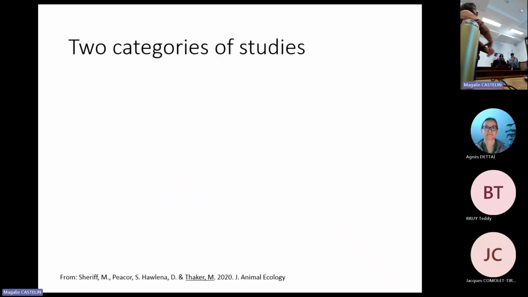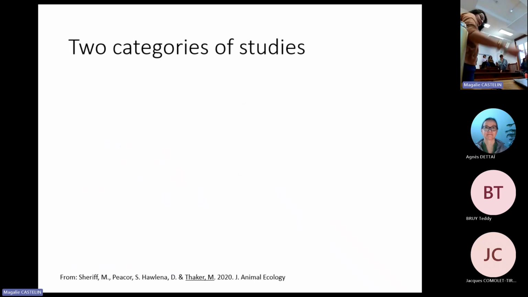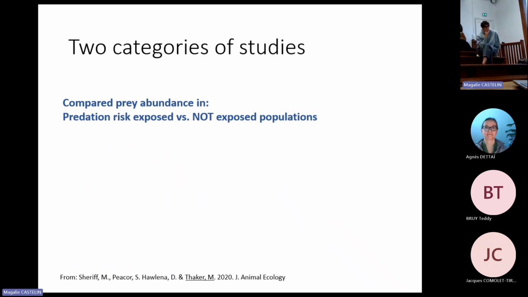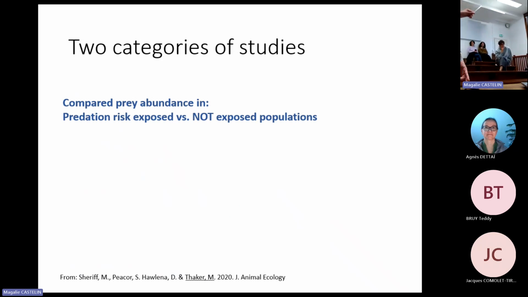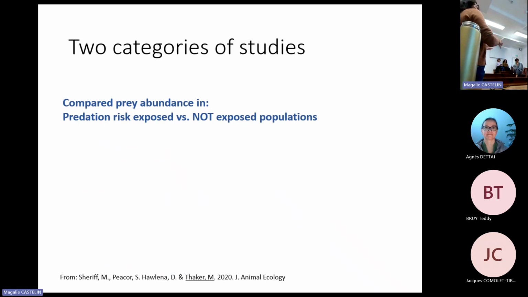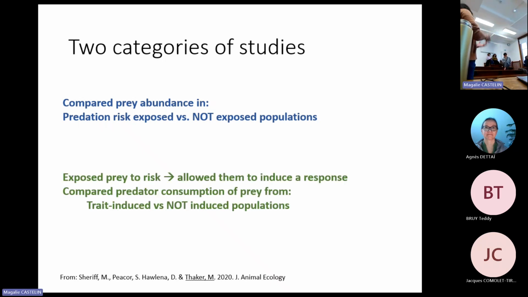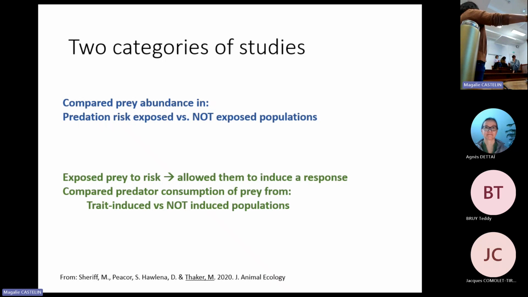And we found two categories of studies. This is a paper that we published in 2020 in Animal Ecology. We found studies that compared prey abundance in two conditions, where predation risk was there versus where it wasn't. And then we found another set of studies where prey were exposed to risk and were allowed to induce a response.